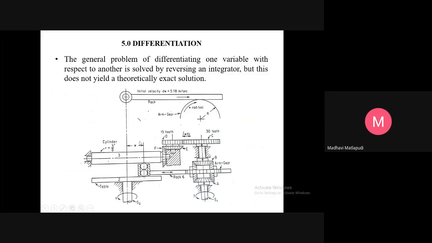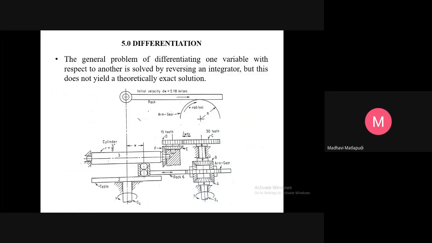So W is the output, whereas X and Y are the inputs. Now W here is the derivative, that is W is equal to dy by dx. That is, the derivative is the ratio of the instantaneous speeds of shafts S1 and S2, which is expressed by the position W of the ball carriage.